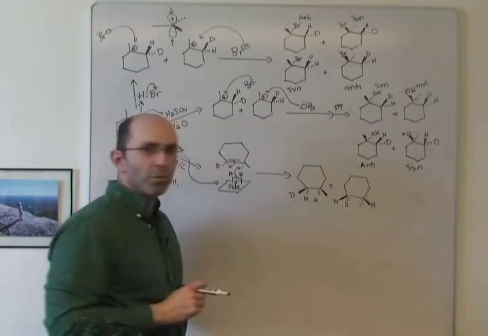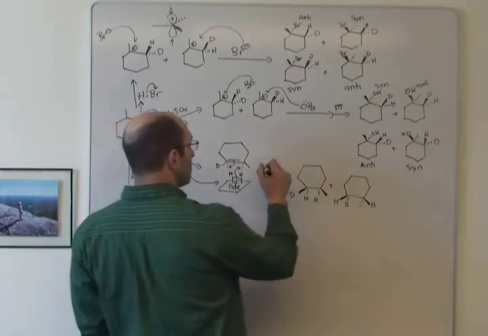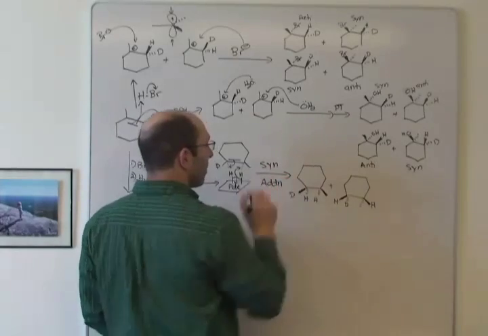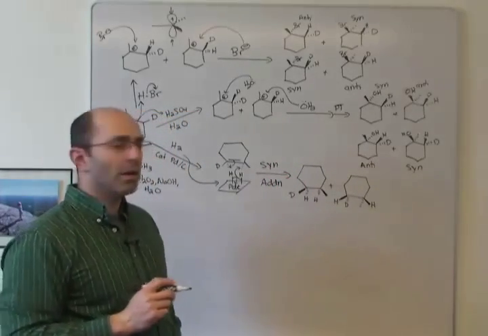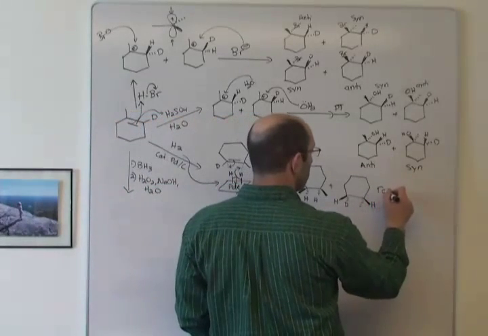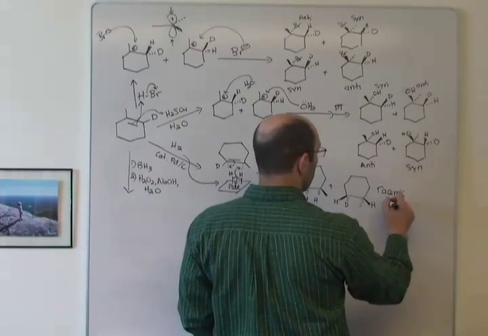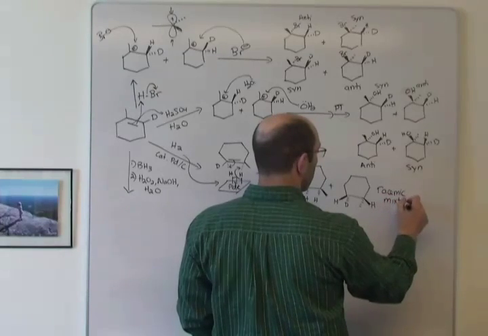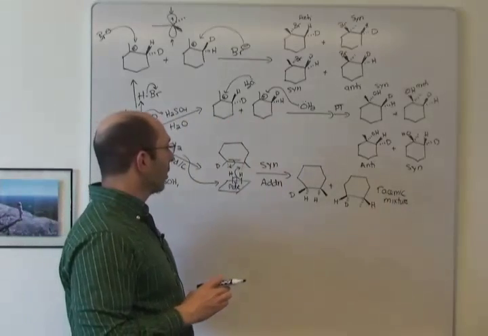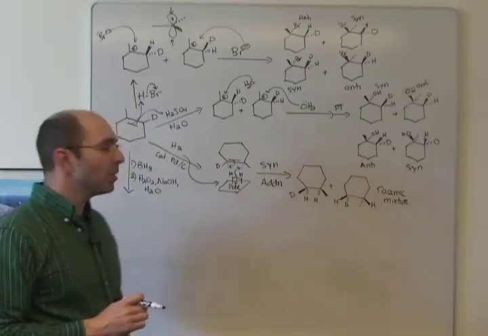Both are the result of syn addition. So when you do this reaction, it is a syn addition. You do not get any anti. And hopefully it's clear that these 2 are enantiomers, and you get a racemic mixture. Okay, so we get a racemic mixture of enantiomers. So that's the mechanism for H2 addition.